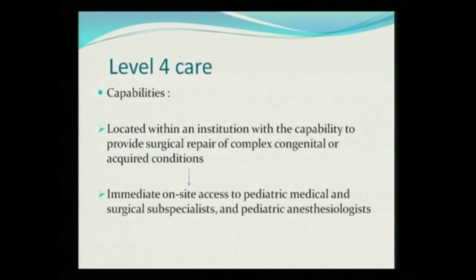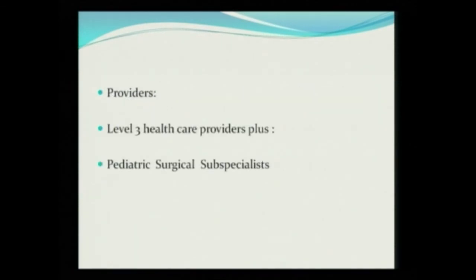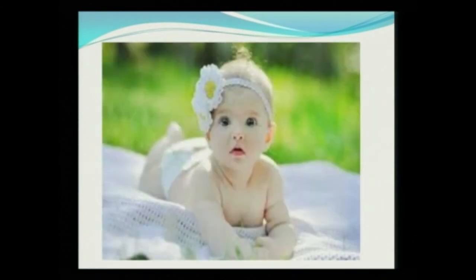And there is immediate on-site access to pediatric medical surgical specialties and pediatric anesthesiologists, who can facilitate transport from a level 2 or a level 3 care hospital. And these institutes are normally into DNB teaching and for research education. So providers are level 3 care plus pediatric surgical specialties, including the various systems.